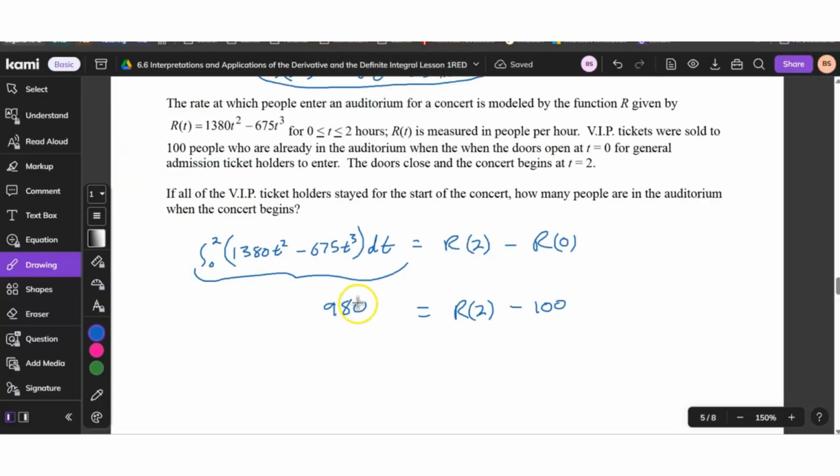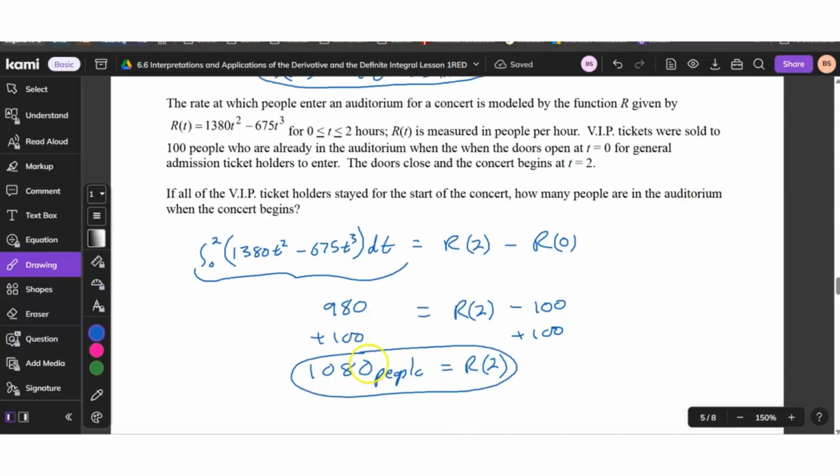Then I add my 100. And I get 1,080 people when the concert starts. So there should be 1,080 people there when the concert starts, 2 hours after the doors open. Perfect.